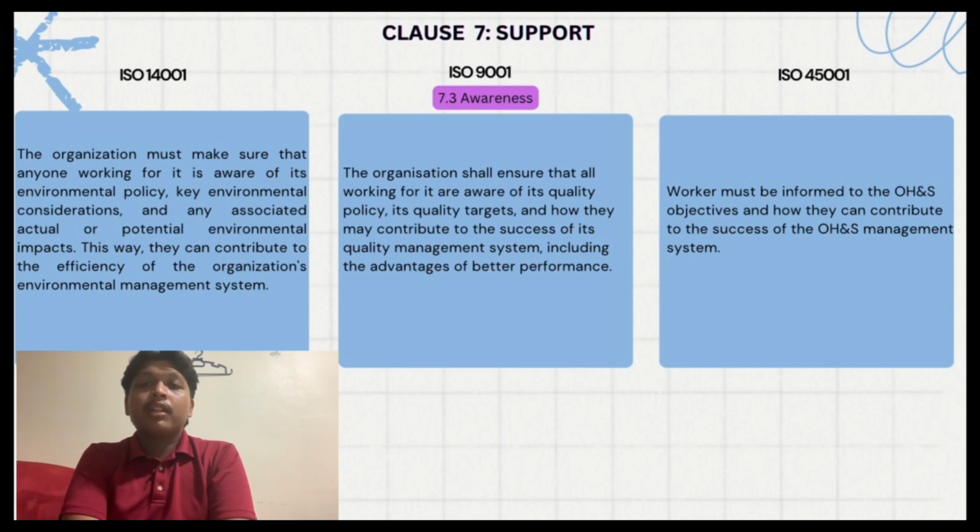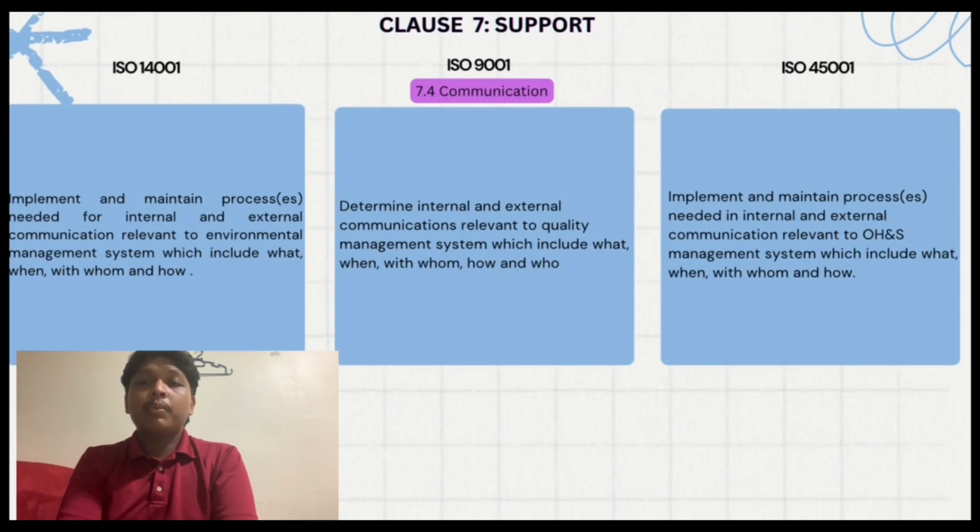While for ISO 9001, the organization shall ensure that all persons working for it are aware of its quality policy, its quality targets, and how they may contribute to the success of its quality management system, including the advantages of better performance. For ISO 45001, workers must be informed of the OSH objectives and how they can contribute to the success of the OSH management system. Next subclause is communication.